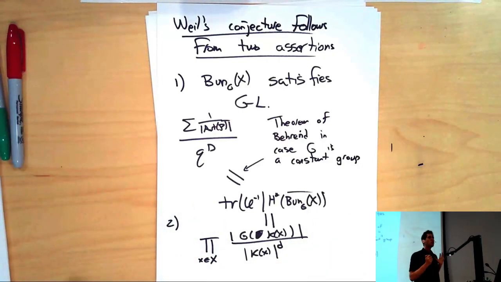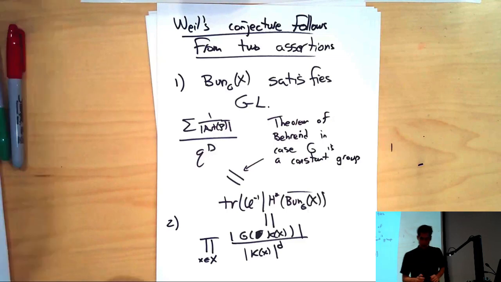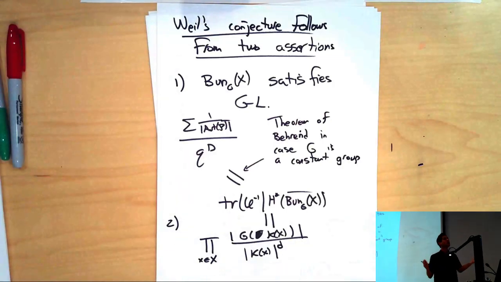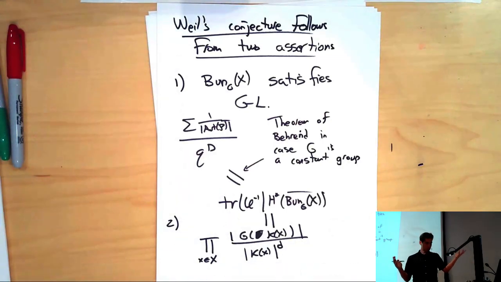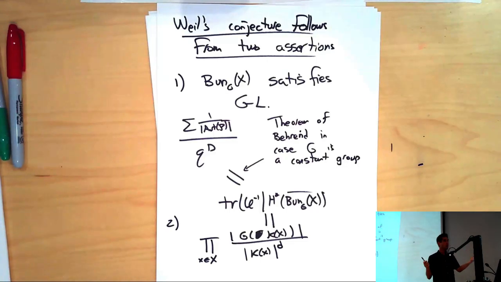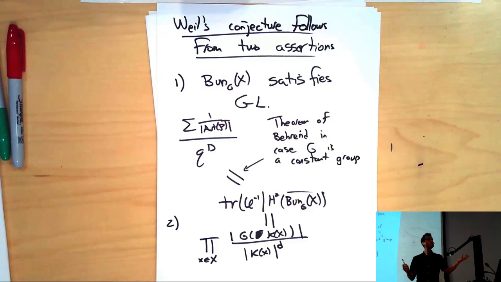Now, that's something that you can't always arrange in this picture. I should have mentioned earlier, I'm making some assumptions about the group scheme G in this story. The generic fiber of G, that's my algebraic group G0, I told you should be semisimple and simply connected.